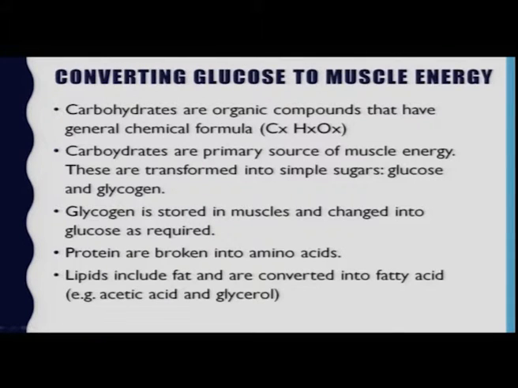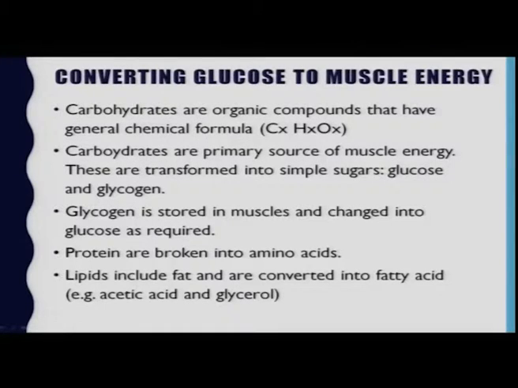In the previous lecture we talked about the various nutrients. Basically there are three basic nutrients required for the body, and we discussed their related energy content and possible functions. Those are carbohydrates, lipids and proteins.